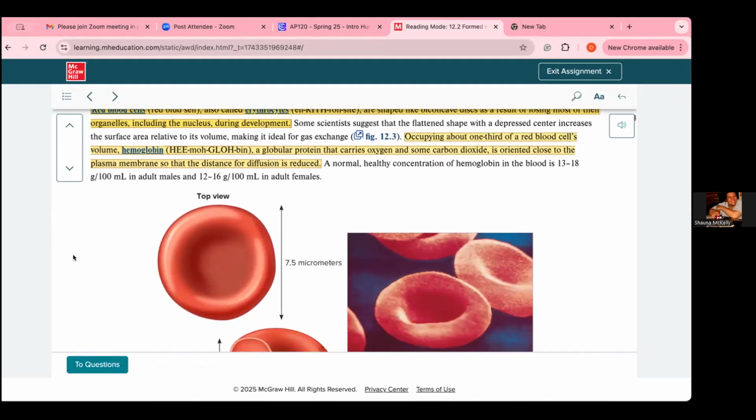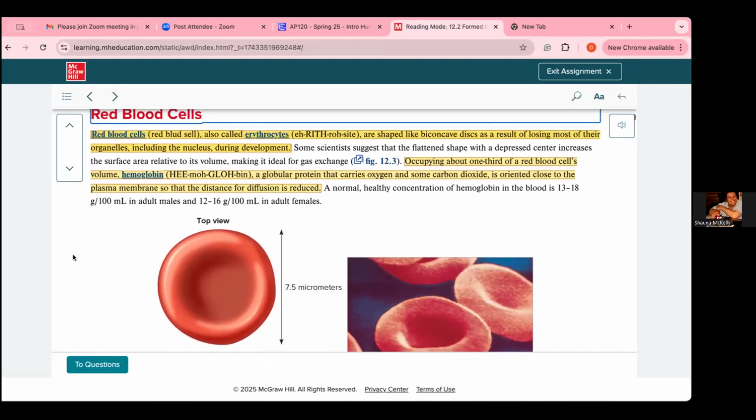Okay, so the question was within red blood cells, the blank function to carry oxygen.